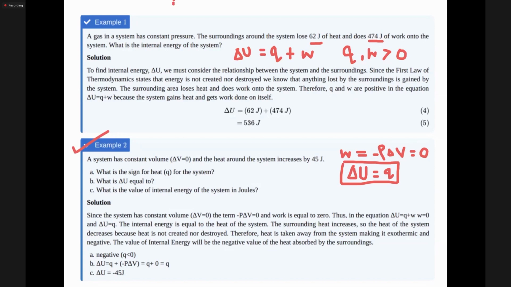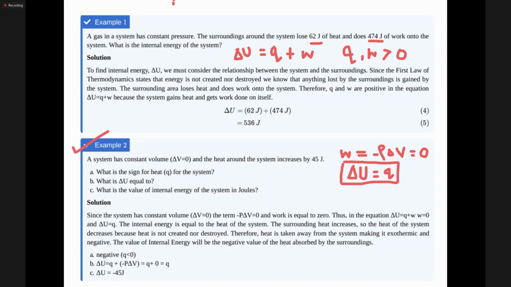The question is saying that the heat around the system increases by 45 joules. Heat around the system. So the surrounding of the system's heat actually is getting increased. Now the surroundings heat is increasing by 45 joules because that amount of heat is released from the system.